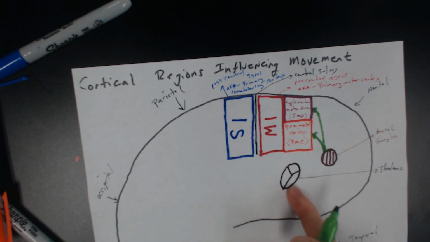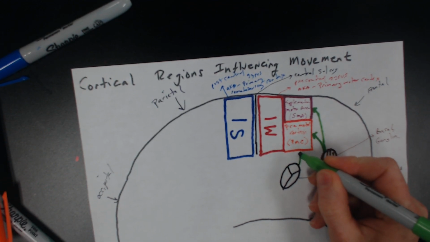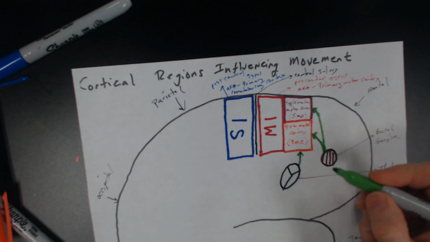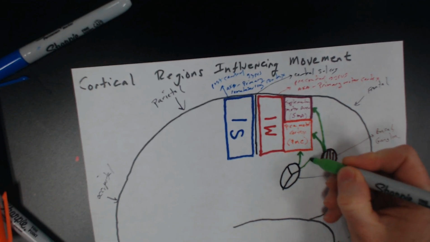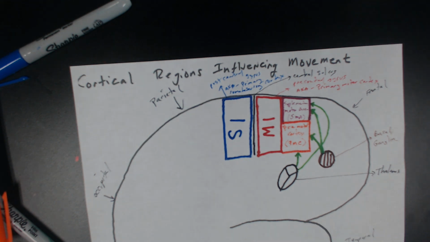So all this somatosensory information coming in from the thalamus is going to be relayed to the premotor cortex as well as the supplementary motor area. Modulation and movement, initiation and modulation, those are going to be two of the biggies.